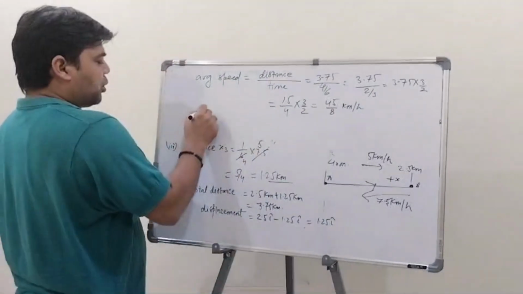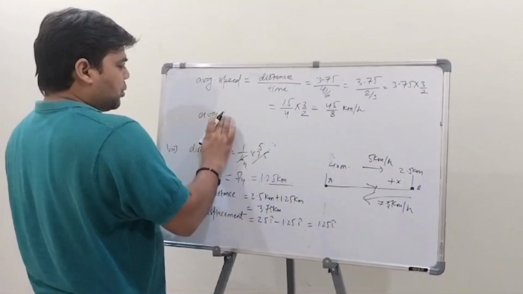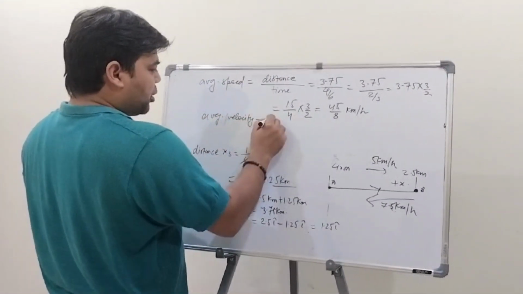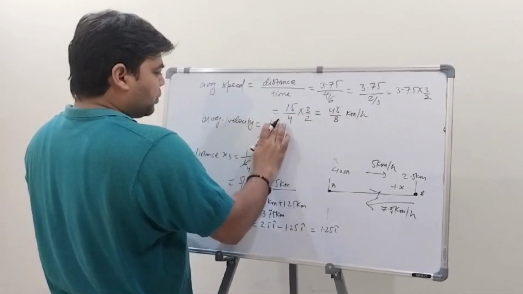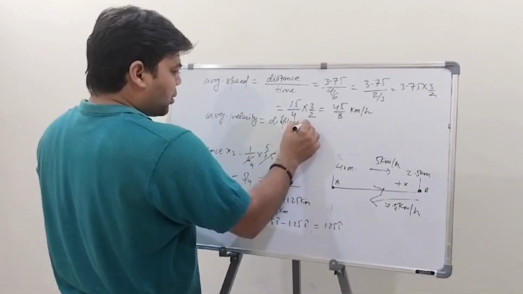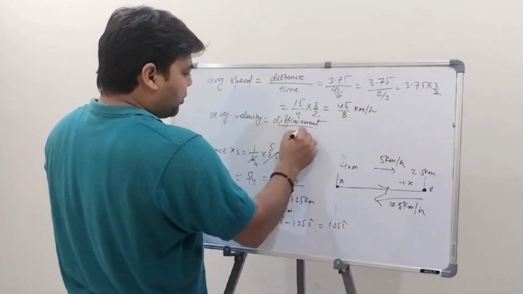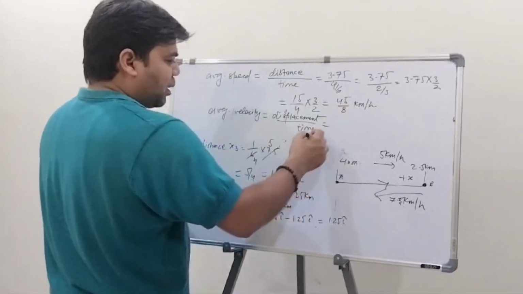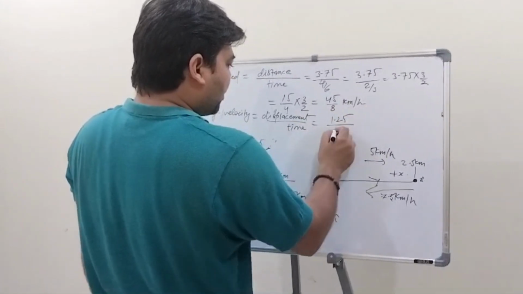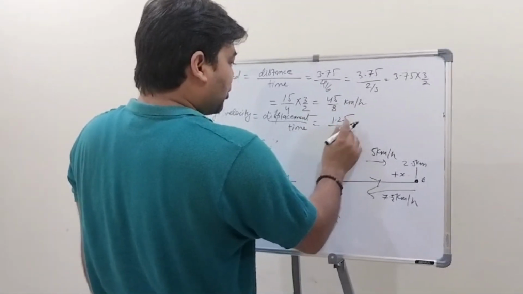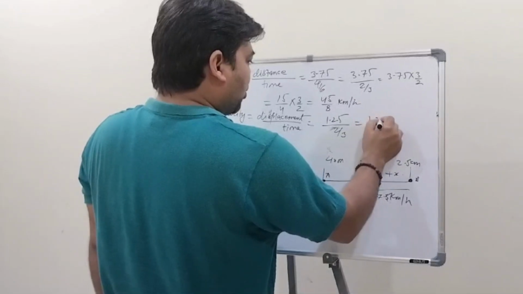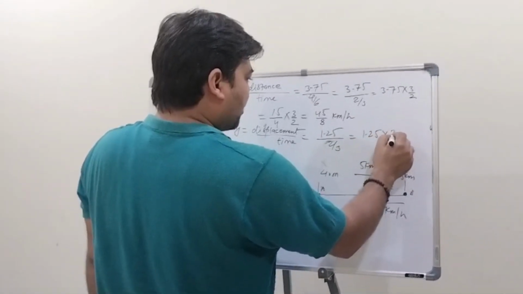And what is average velocity? Average velocity will be displacement divided by the time. So displacement is 1.25 divided by time, which is 2 by 3. So it is 1.25 multiplied by 3 by 2.